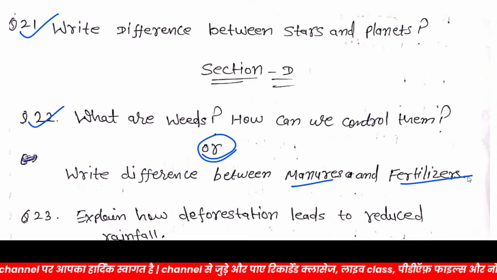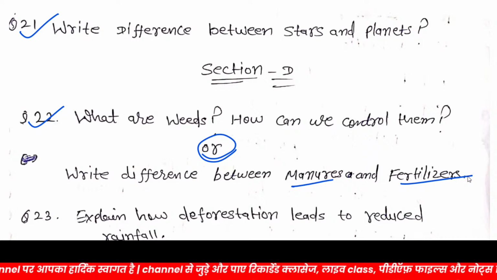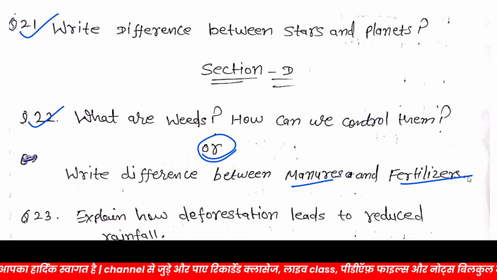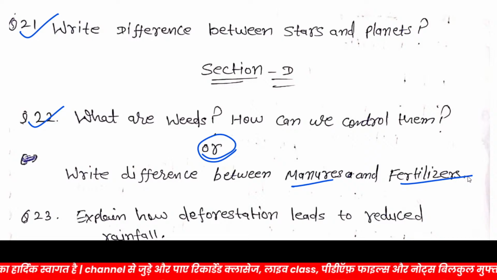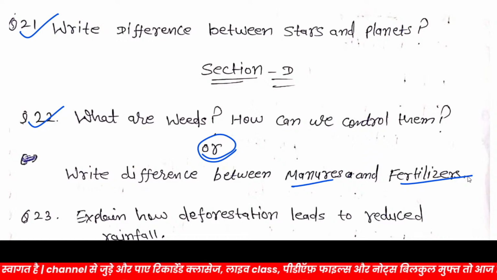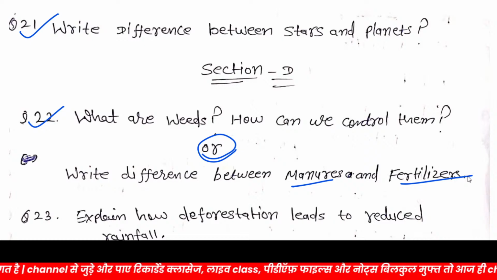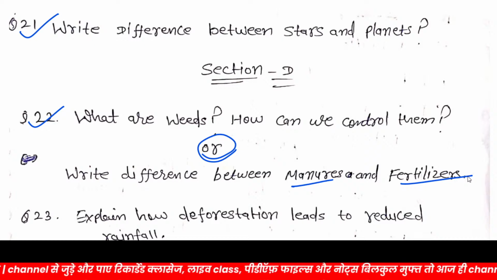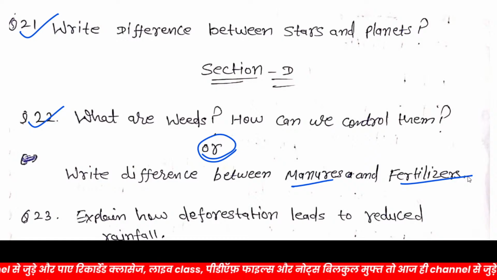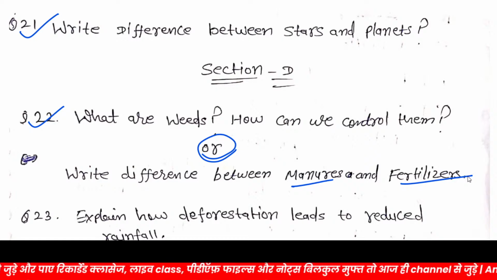Manure improves soil texture and increases water holding capacity. Fertilizers are inorganic substances. Fertilizers are prepared in factories and are very useful for soil, but excess use of fertilizer can destroy the soil.